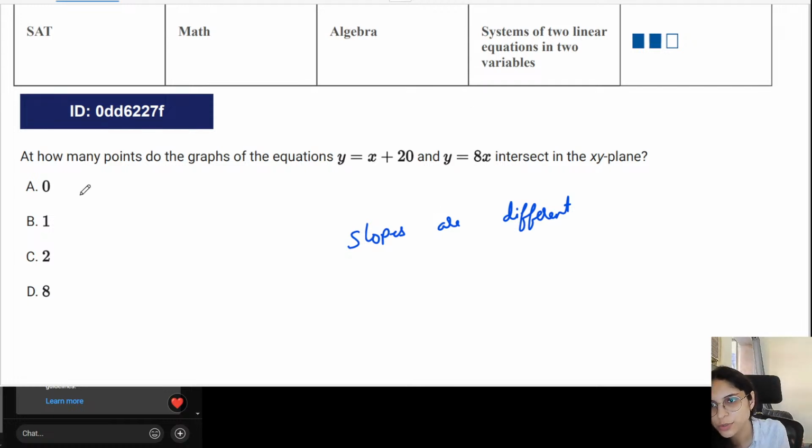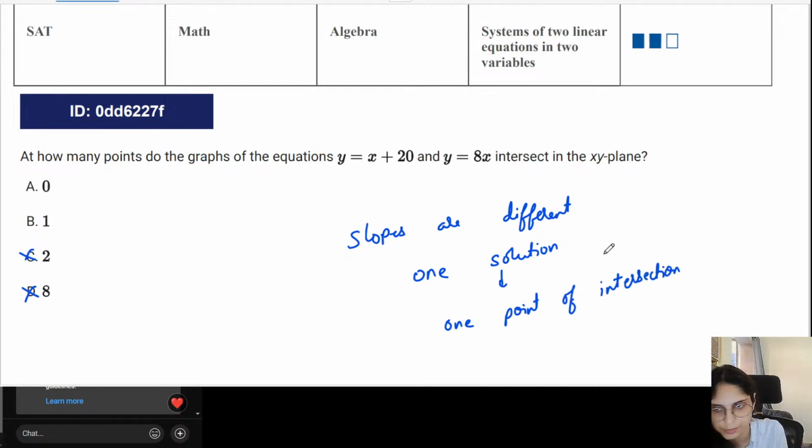So here the only option was 0 or 1, 2 and 8 are never going to work. Because slopes are different, there is going to be one solution. And one solution means one point of intersection. You don't need to solve it. You just need to know how to find the number of solutions.